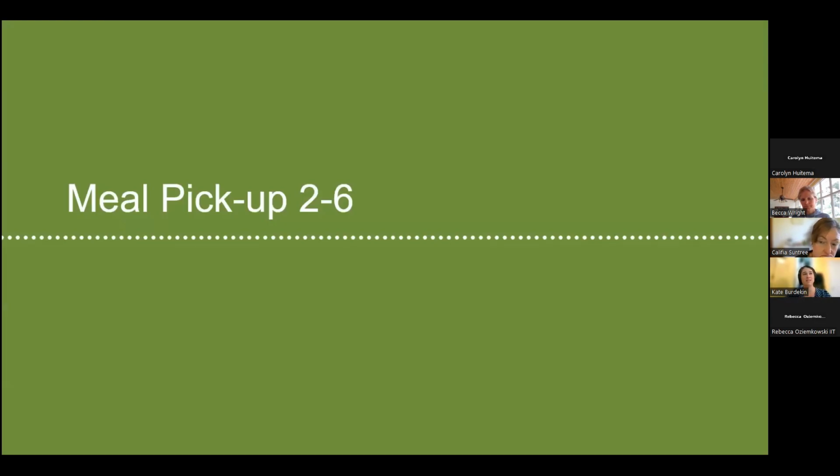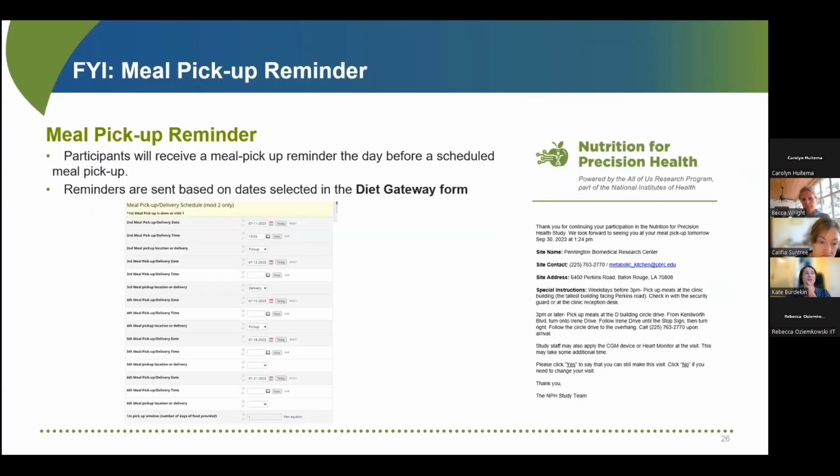Okay, so now we get into the meal pickups after the first one, where the reminders are sent based on what's in the diet period gateway form, reinforcing what we talked about before. And they will get a pickup reminder the day before the scheduled meal pickup. And so hopefully that will help keep them on track. Here's an example of what one of the reminders looks like.